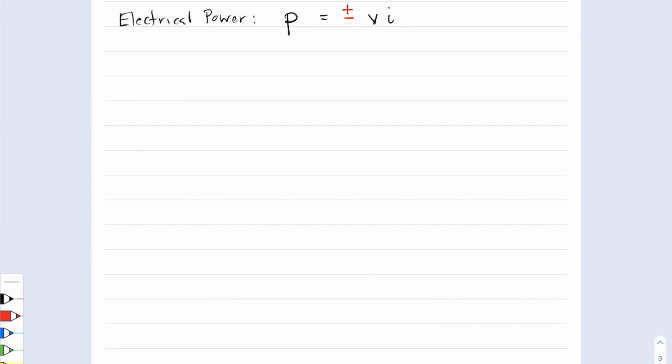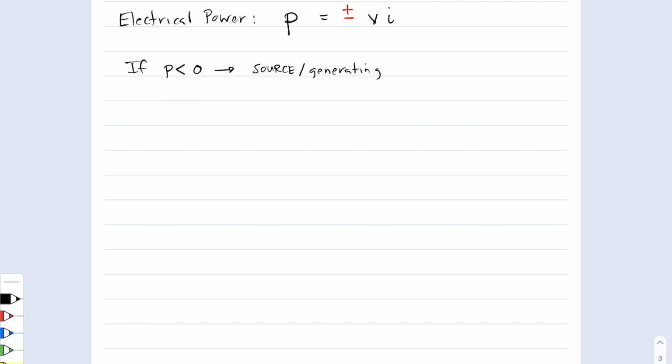On top of that, we did state that if the power was negative by the end of a calculation, then the element is a load, or I'm sorry, a source. Let's revise that. So the element is a source of electrical power; it is generating. I know it seems counterintuitive.